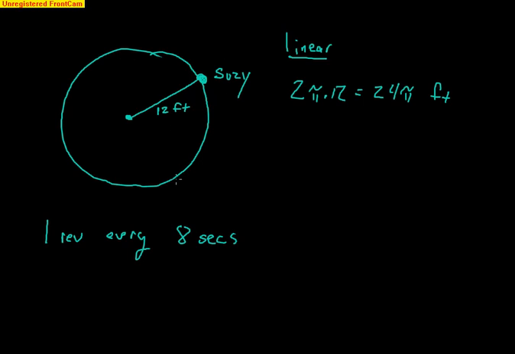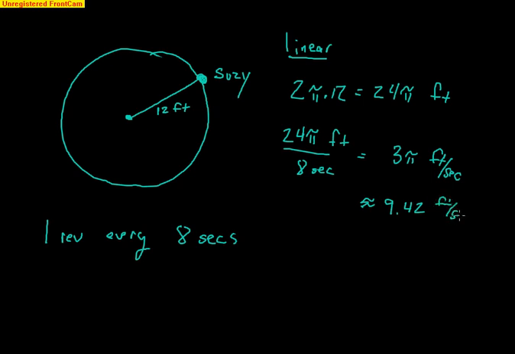So her linear speed would be 24 pi feet every 8 seconds, and of course that would reduce to 3 pi feet per second. It's not always going to reduce so nicely, but she's traveling 3 pi feet per second. If we approximate, 3 pi is approximately 9.42 feet per second.